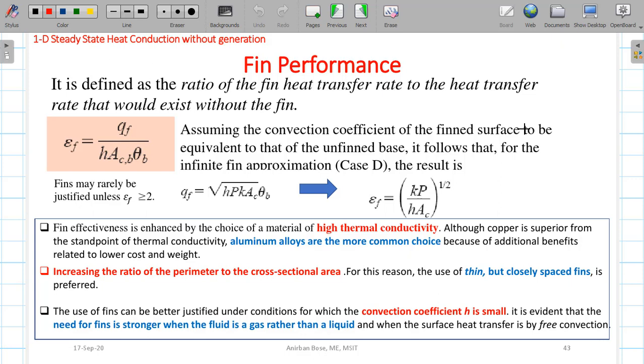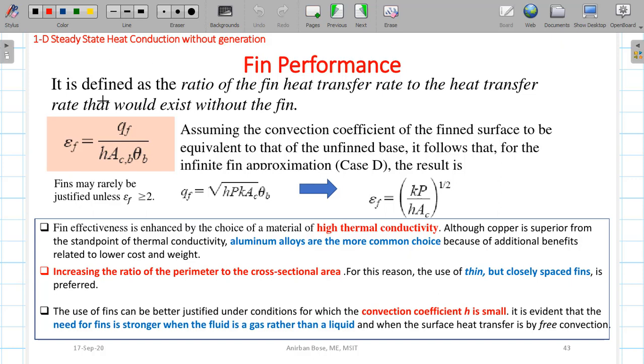Okay, now coming to this particular slide, we can see fin performance. Fin performance means whether the addition of fins is well justified or not, whether addition of fins is actually required or not. To take this kind of decision, we have to look at the fin performance parameters.